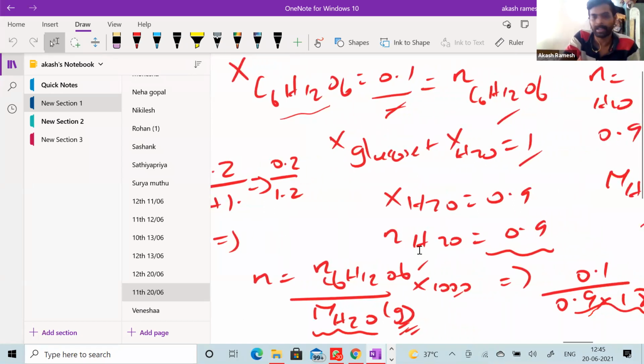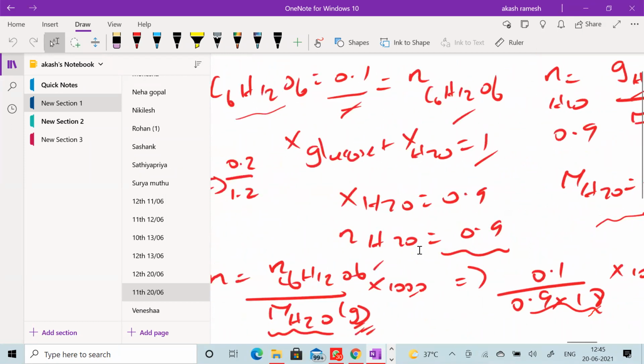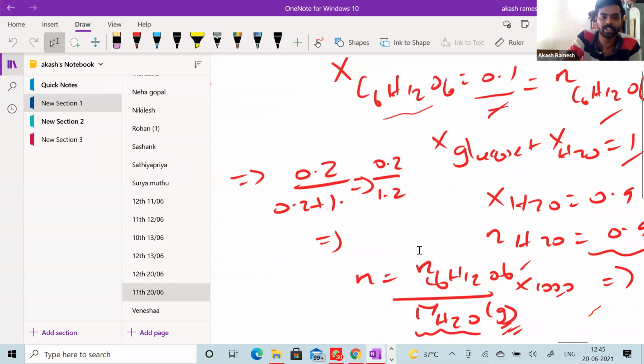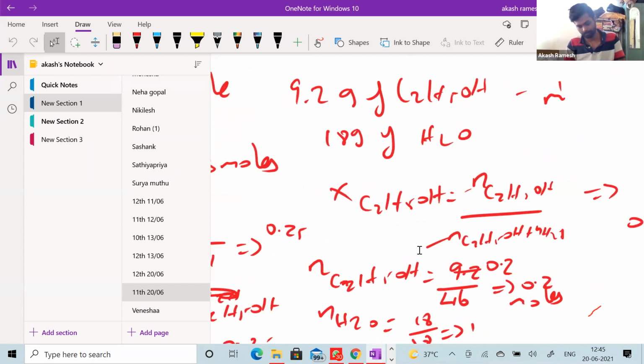Any other question? Could you please repeat the definition of ppm? I didn't give you any definition, Kanna. If you can, please take the definition for ppm.